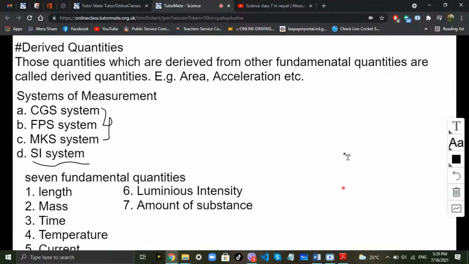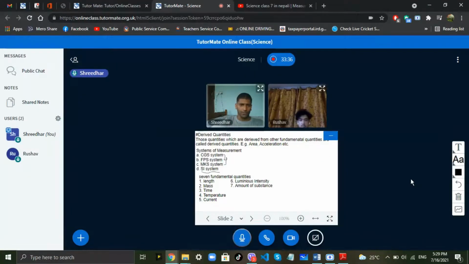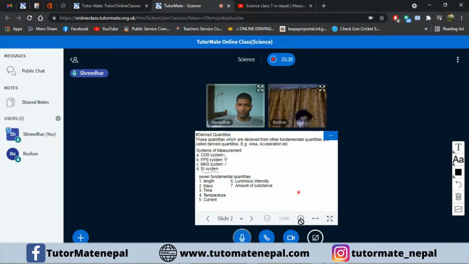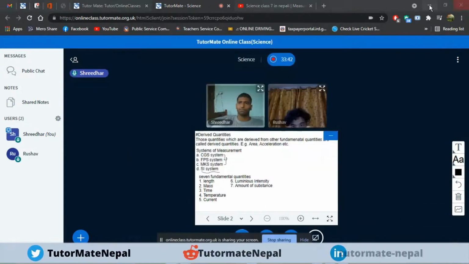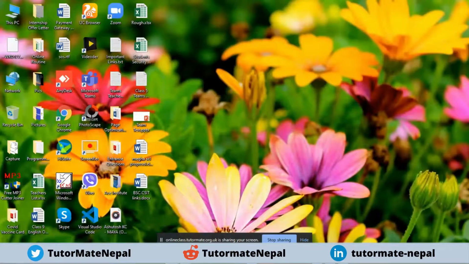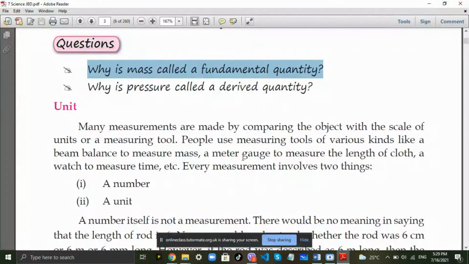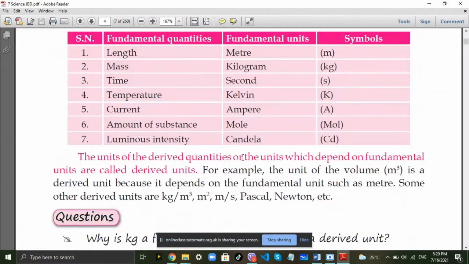You can look at it here as well. I'll share the screen and you can see it here. These are the fundamental quantities and fundamental units of the SI system.